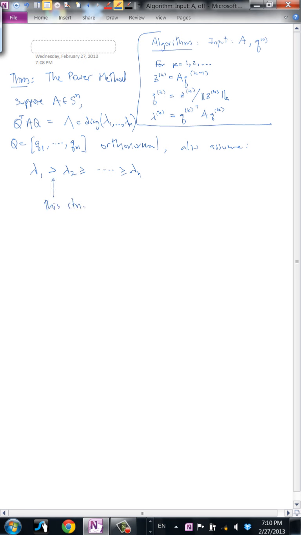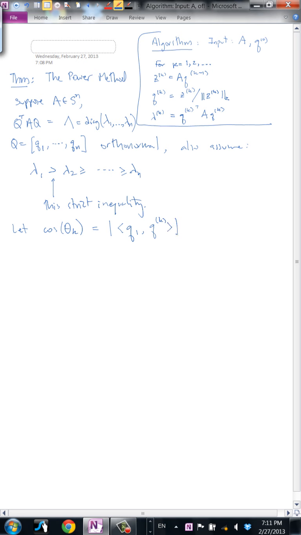So this strict inequality is the main assumption. Now, let cosine of theta k be given by the inner product between q1 and Q of k.